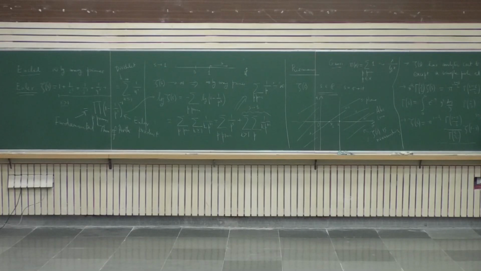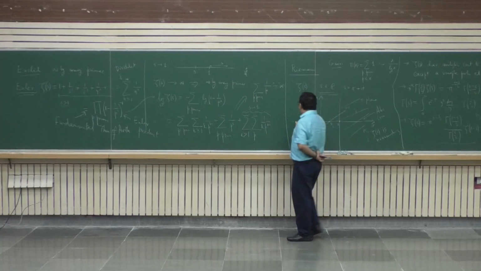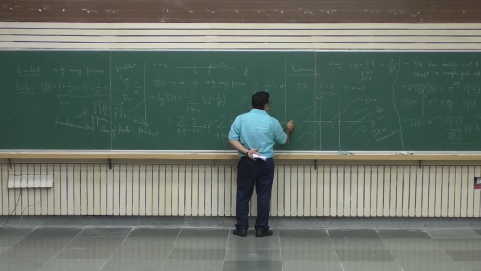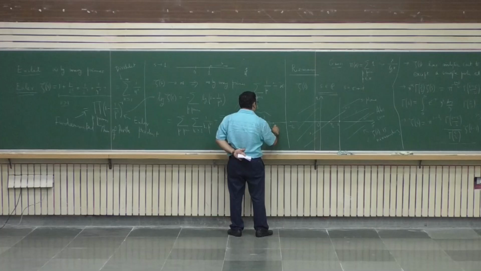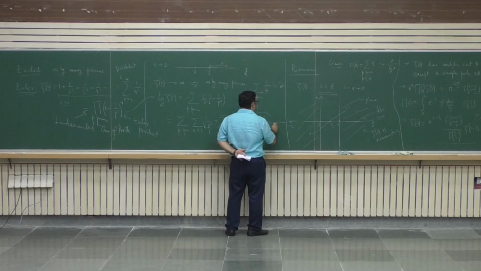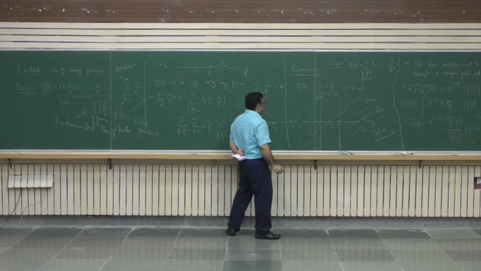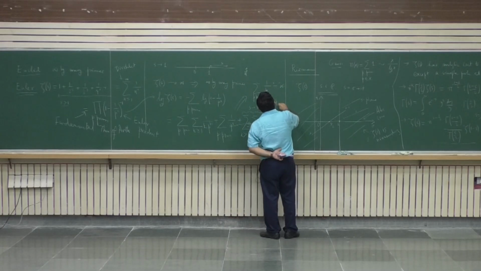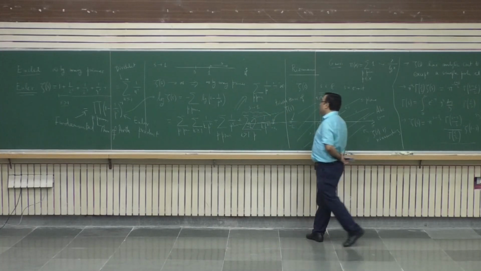There is no zero over here, but at s equals minus 2, minus 4, minus 6, zeta vanishes. These are the trivial zeros of zeta.